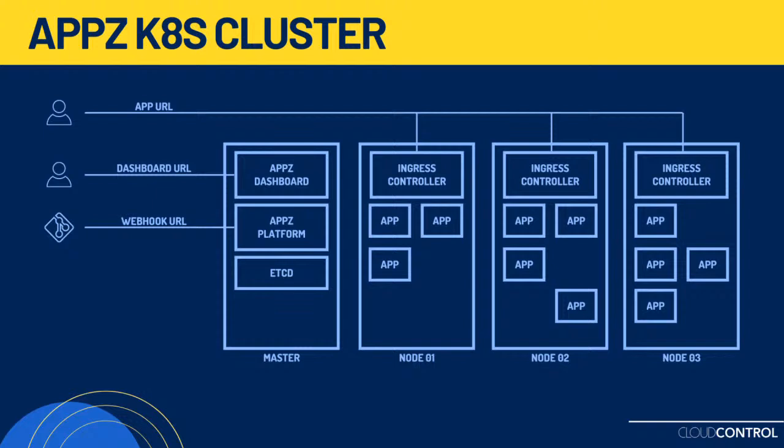And as you can see, the master node is running some of the AppZ platform core components, like the dashboard, platform, etcd. This enables the GitOps operation, as you will see later, so that you don't have to know the complexity of the Kubernetes architecture, as well as some of the underlying open source technology, be it Postgres, Adminer or PG Connect.